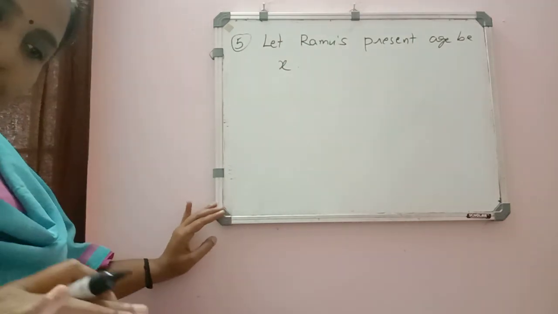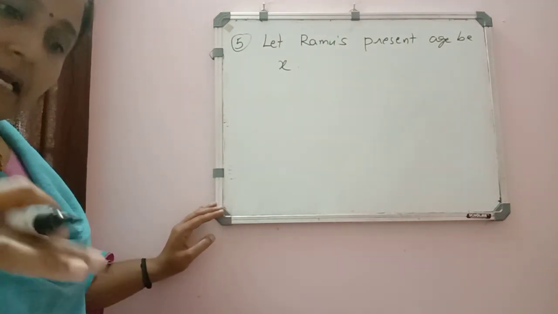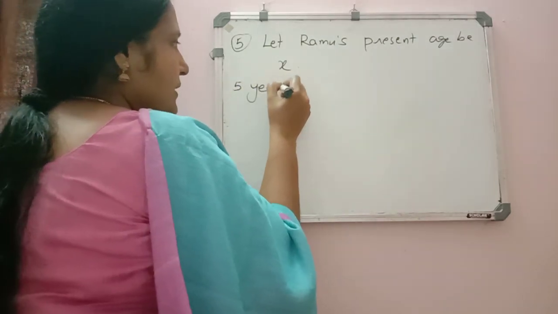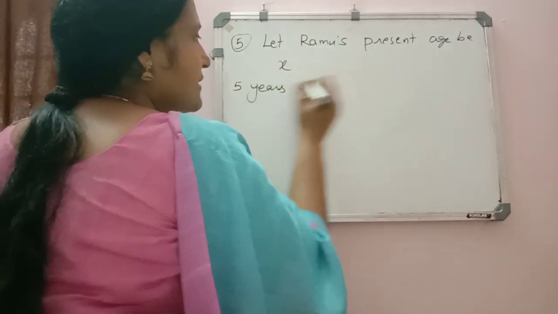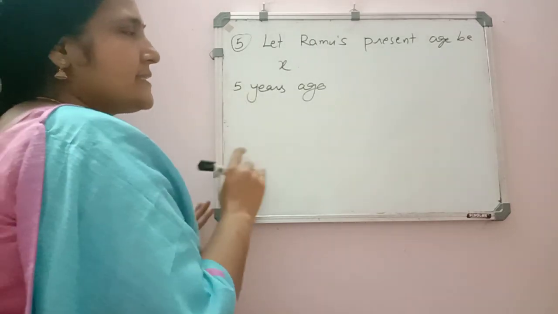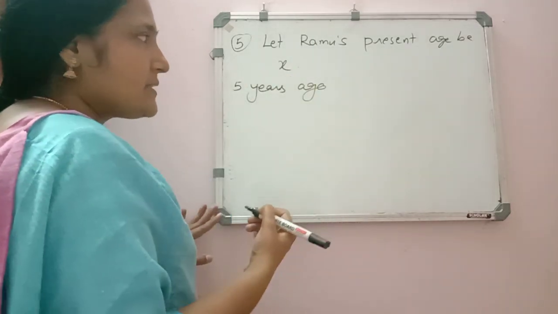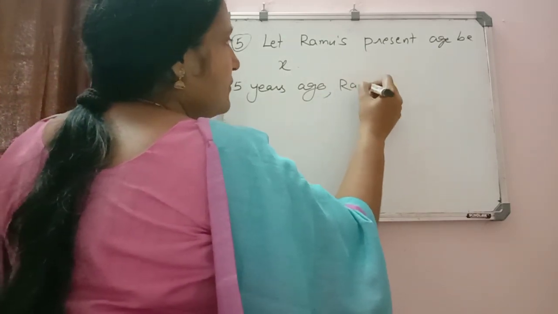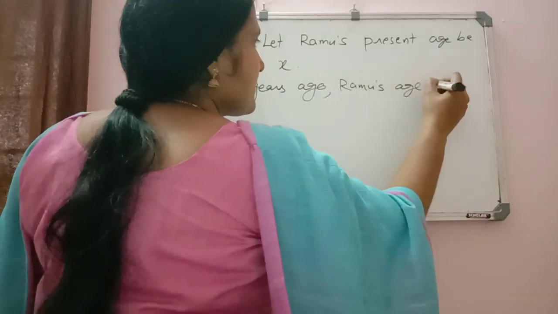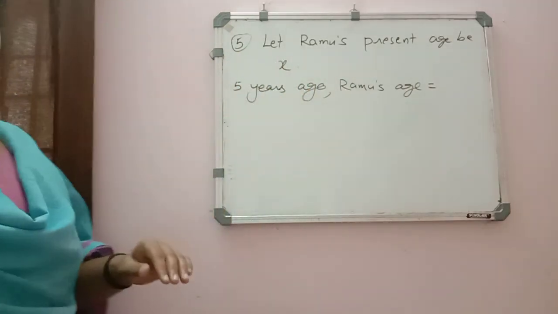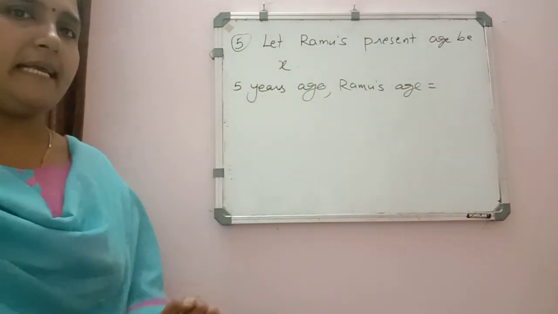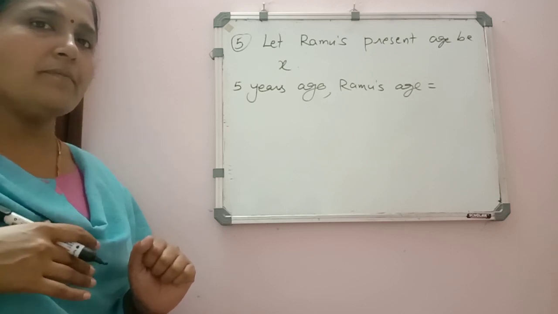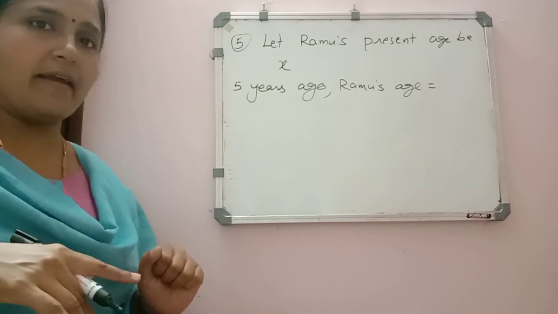Now in the question, what was written: the product of Ramu's age 5 years ago. Now we will write here, 5 years ago. In all these steps marks will be there, that's why write down these steps. Don't move to the equation directly. 5 years ago, what will be Ramu's age? If your age at present is 17 years, then 5 years ago it will be 17 minus 5, 12.